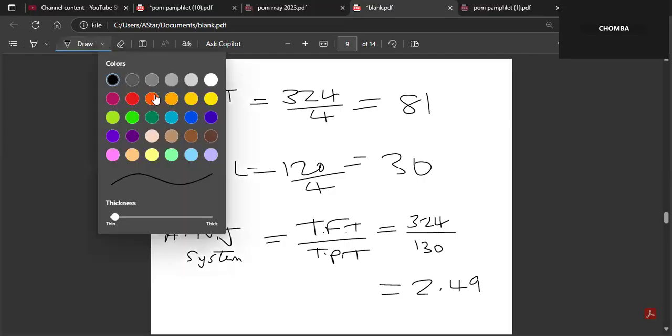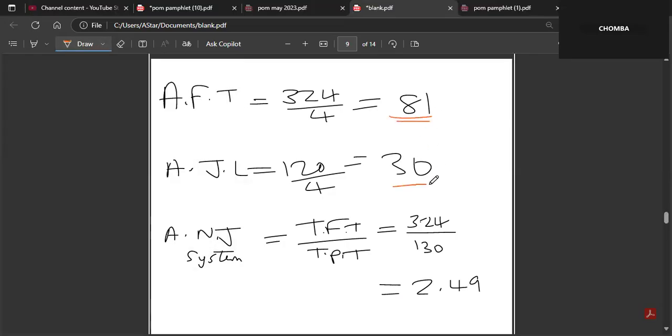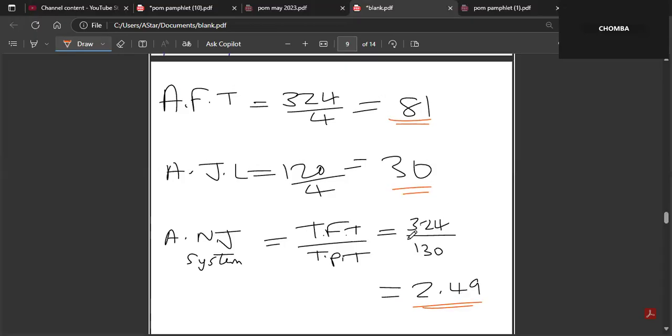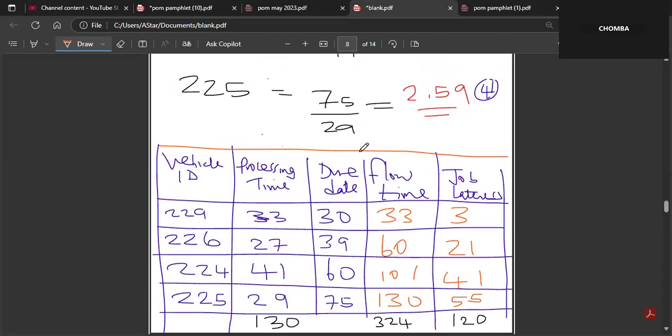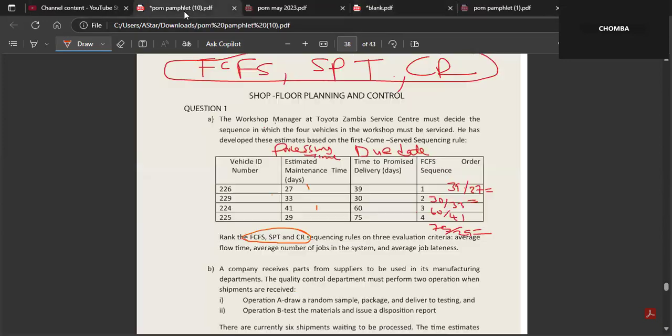I'm sure you can clearly see these ones. Is that okay with you? Yeah. So this is a critical ratio table. Now what are they saying here?